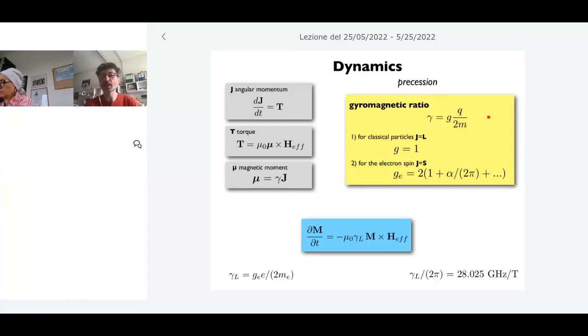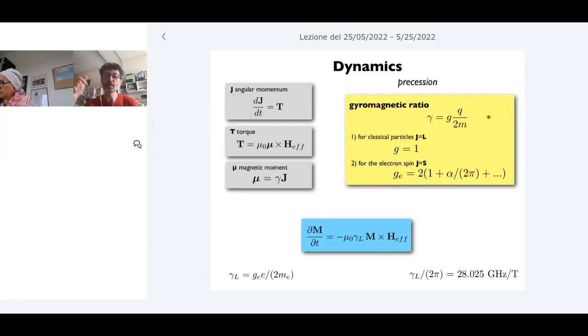It's a correction that, again, depends on the fine structure constant, but this is essentially equal to 2, the Landé g factor for the electron. The gyromagnetic ratio for the electron is negative because the charge is negative. But it is very common to take out this minus and to write the equation in this way, so gamma very often is reported to be a positive quantity.